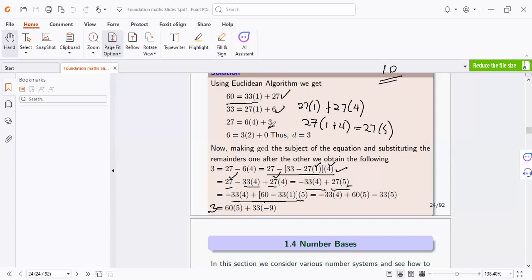So when you make it the subject of the formula, it does not give you the inverse of any number. So you cannot say that -9 is the inverse of that 3. You cannot say that.